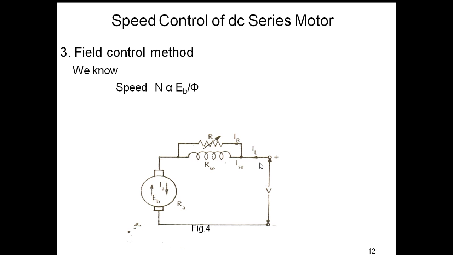Here IL is the load current which is equal to ISC plus IR and V is the applied voltage.